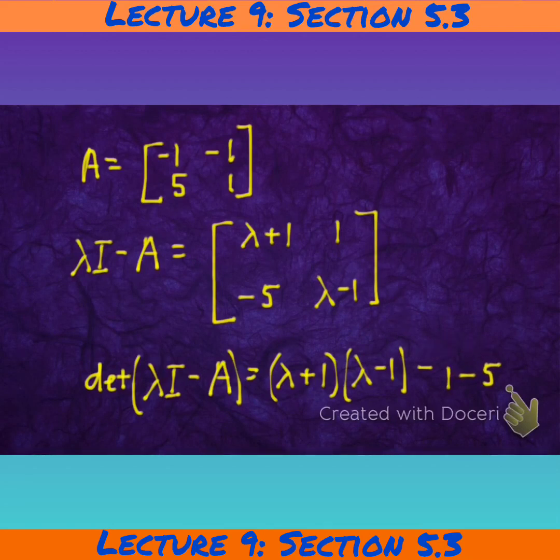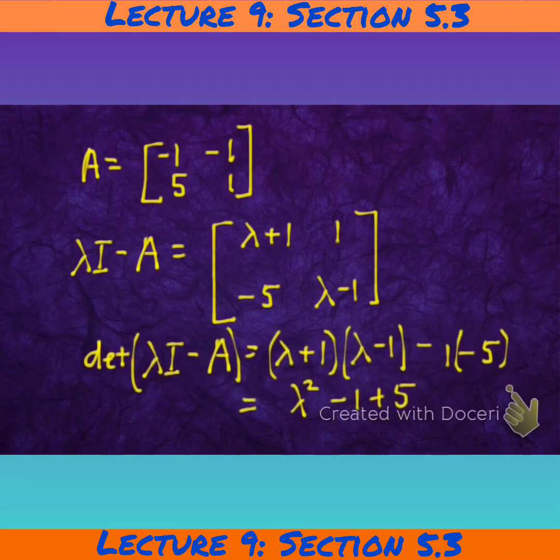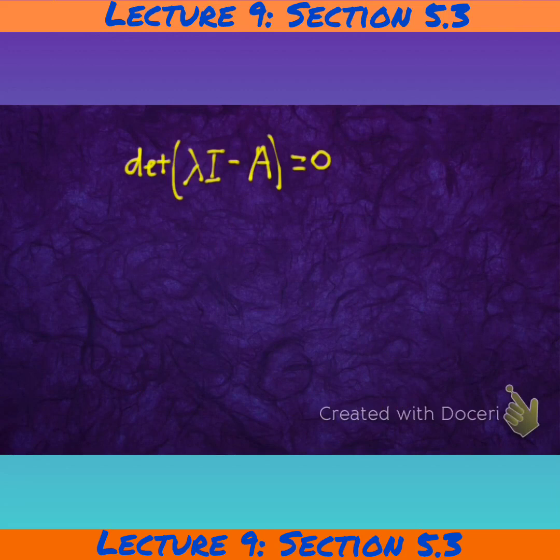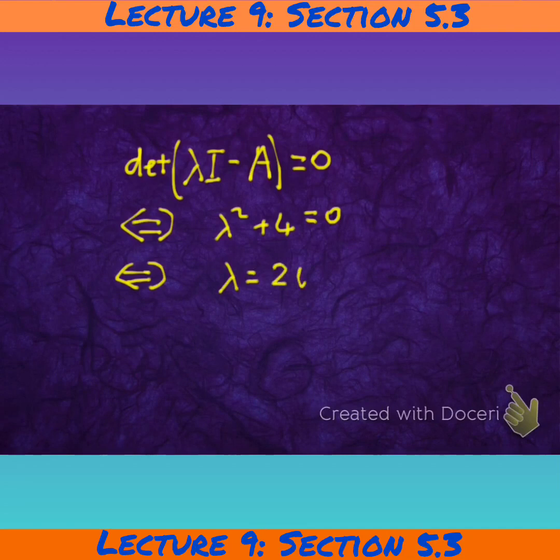That is equal to lambda squared plus 4. So the eigenvalues become, that happens if and only if lambda is 2i or lambda is minus 2i.